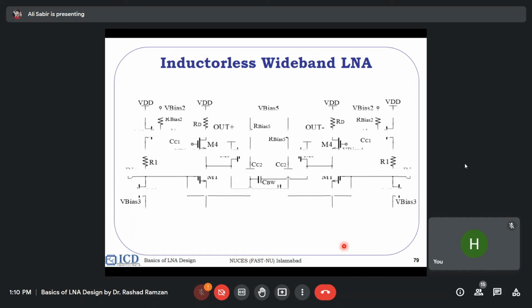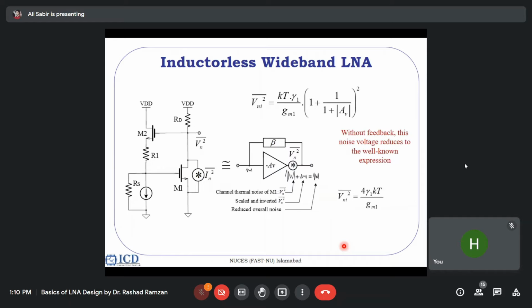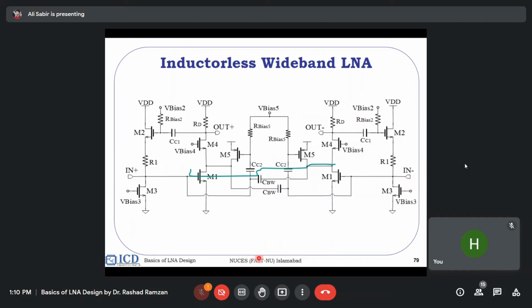Here we have applied a CW capacitor at the opposite node, and this is called the bandwidth extension capacitor. If we apply it, we will have a bandwidth extension. So now we have used feedback techniques, 1 over GM, current reuse, input signal, and the bandwidth extension capacitor to extend the parameters we have.